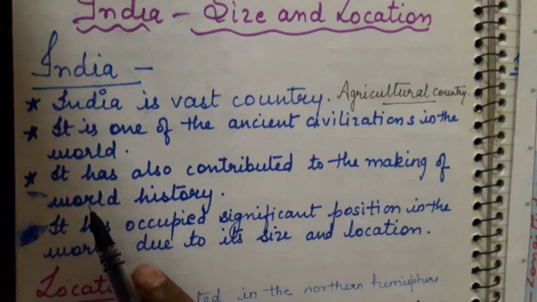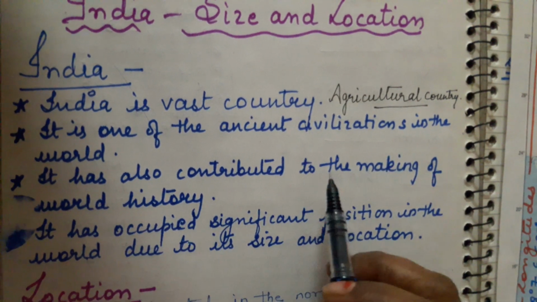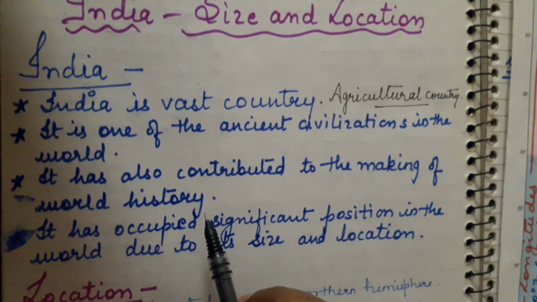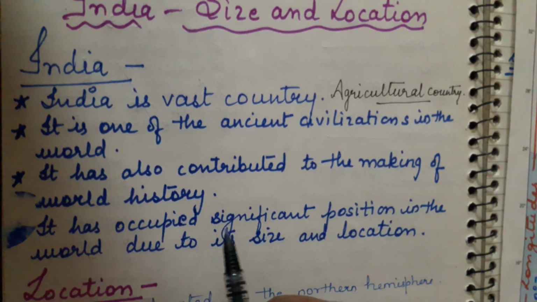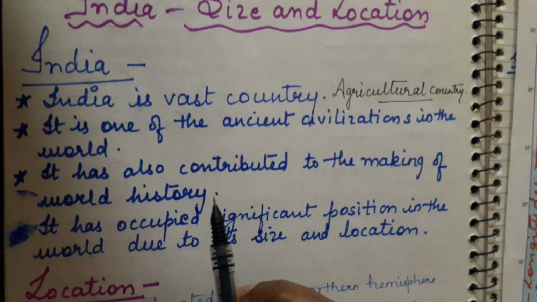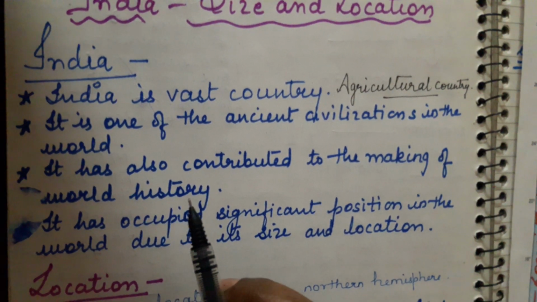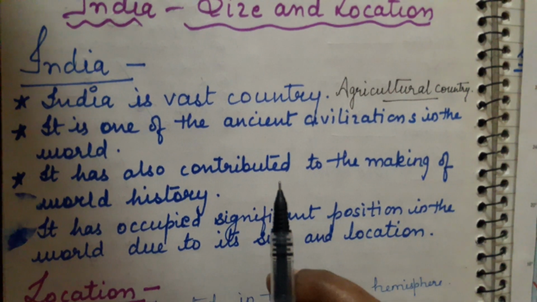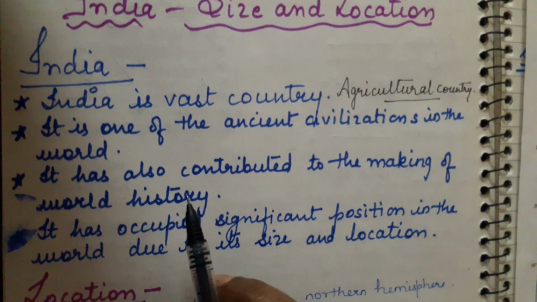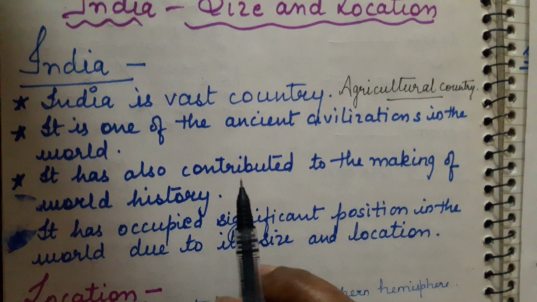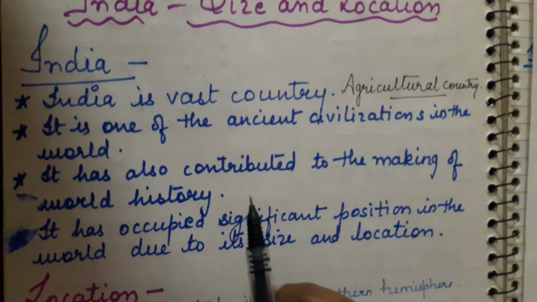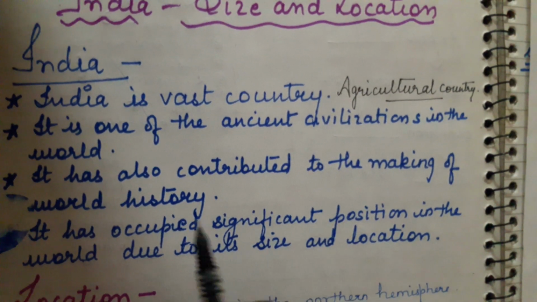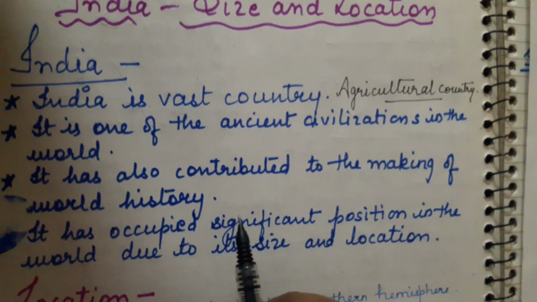Now, the third point is it has also contributed to the making of world history. Like the other civilizations, the Indus Valley civilization also contributes its part in the making of world history.